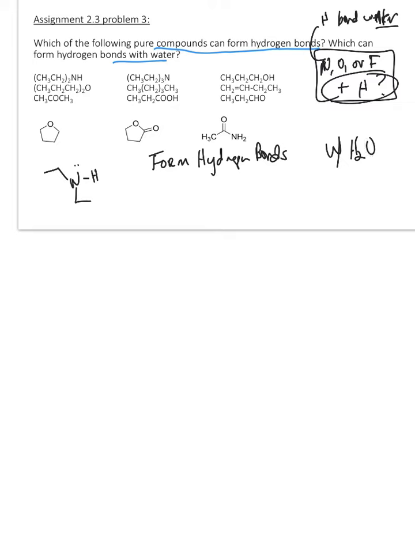So this can do both. This one can form hydrogen bonds with water because it has a nitrogen with a lone pair, and then it can form hydrogen bonds with itself because it has a hydrogen. Okay, the next one is triethylamine.